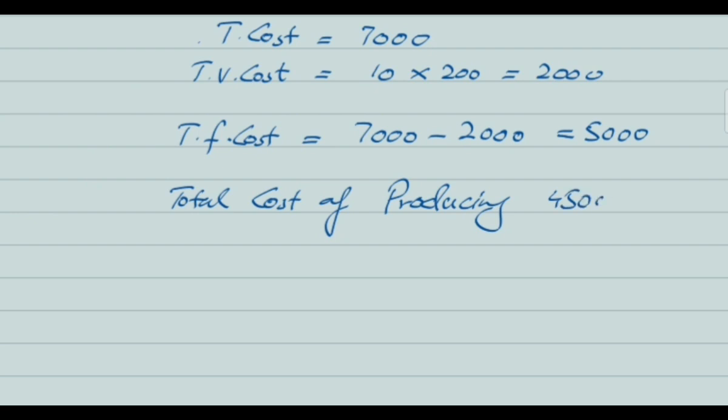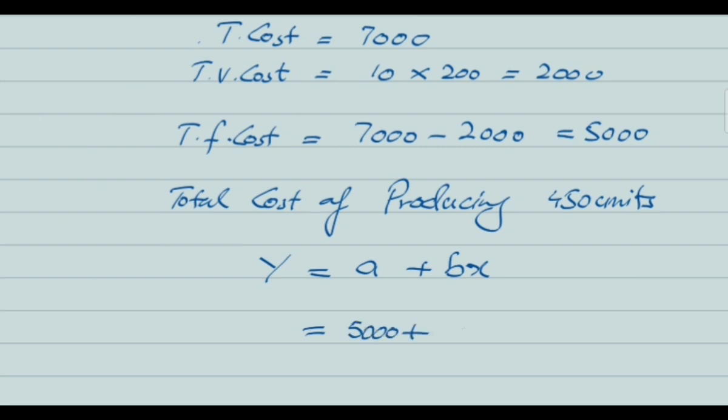Now we need to consider the total cost of producing 450 units, and in accordance with this equation again, y is equal to a plus bx. Here y stands for total cost, a stands for fixed cost, b stands for variable cost, and x stands for level of activity. So fixed cost is 5,000.